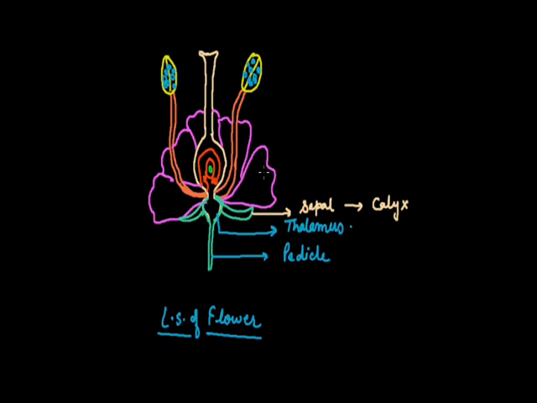Its primary function is to attract insects for pollination. This leafy structure is known as the petal, while the complete whorl is known as the corolla. Both the structures are combinedly called the accessory or protective whorl.